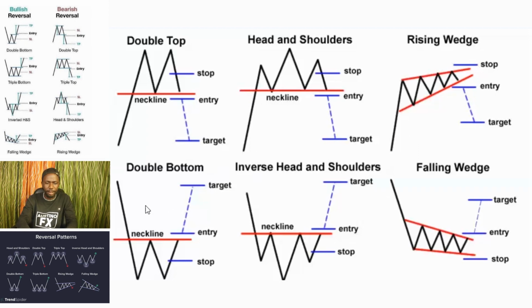Then when we come to the downtrend, we have the double bottom. So the double bottom looks like a W. It looks like the shape of a W, right? So normally in a downtrend, the price makes lower high and lower low, right?